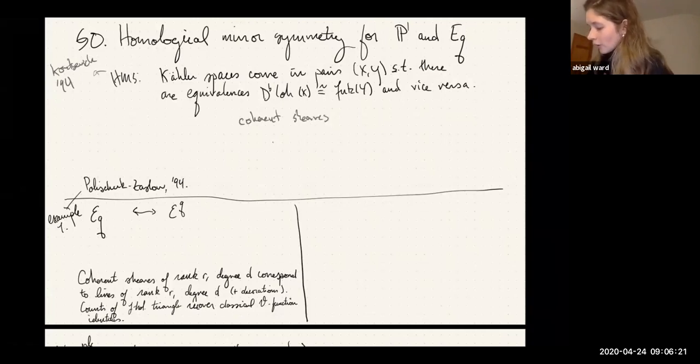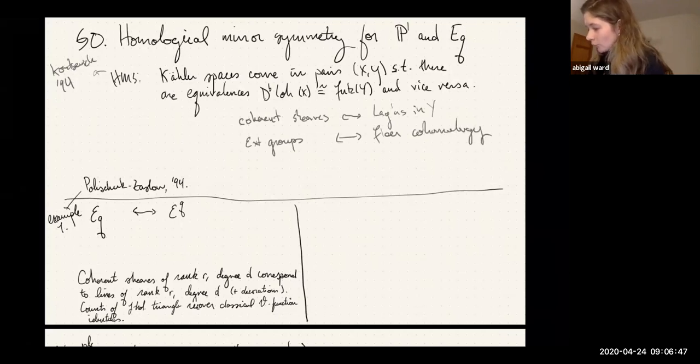So coherent sheaves on X correspond to Lagrangians in Y. Then you would expect the morphisms here, given by Ext groups of sheaves, to correspond to Floer cohomology groups.